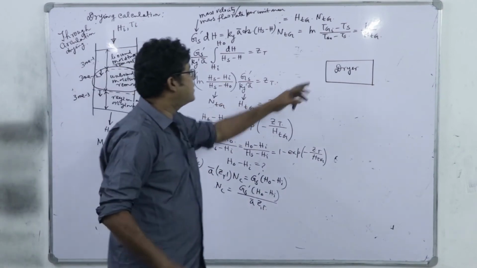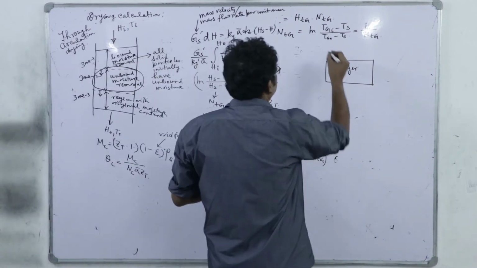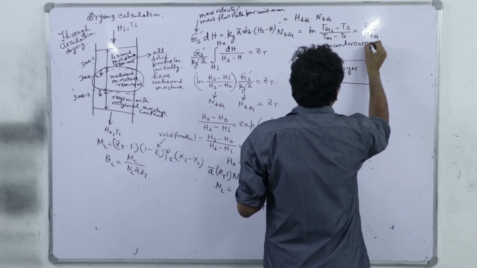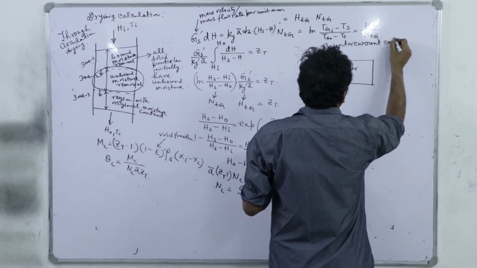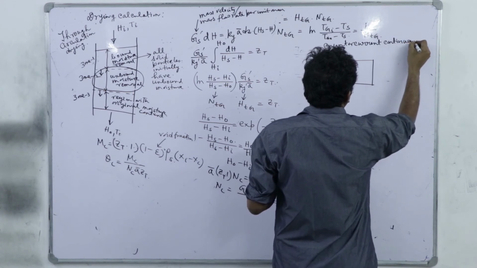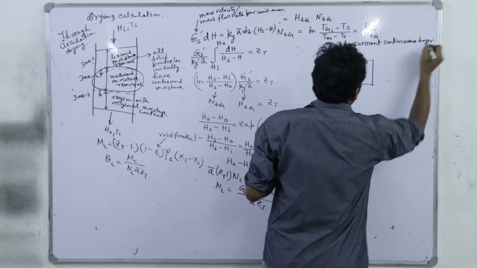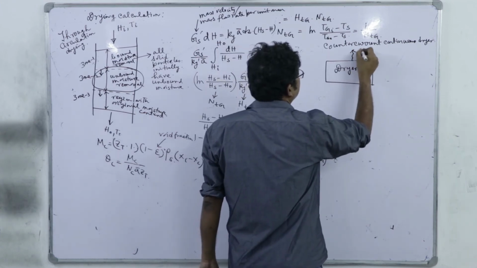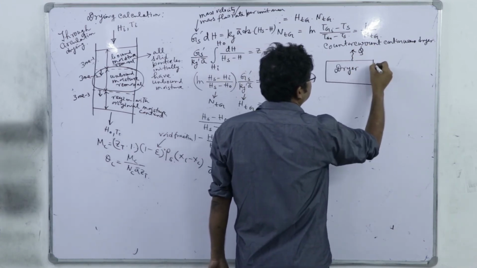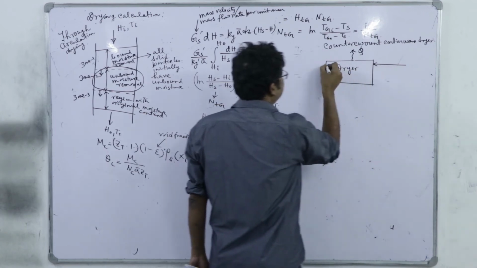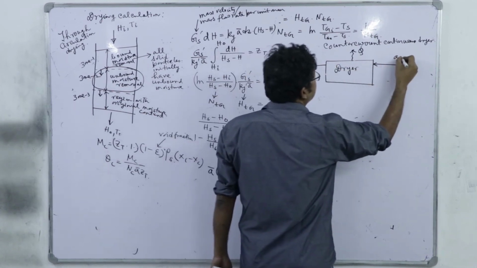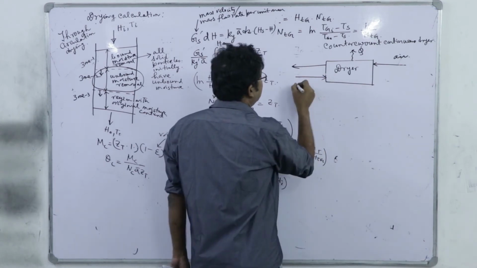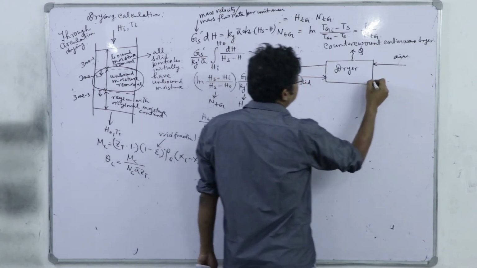In the schematic we have the dryer, and let us say it is a counter current continuous dryer, right. Let Q dot represent the heat loss, we have the air flowing in this direction, or the gas whatever, and solid in this direction.